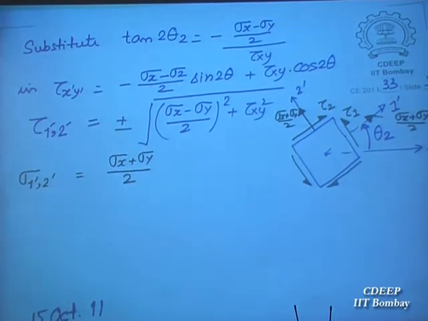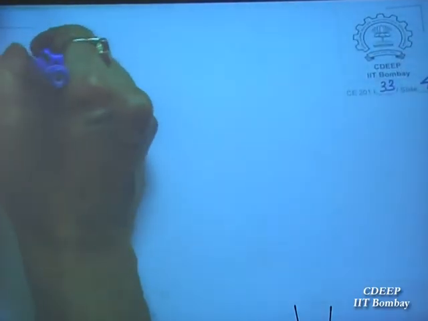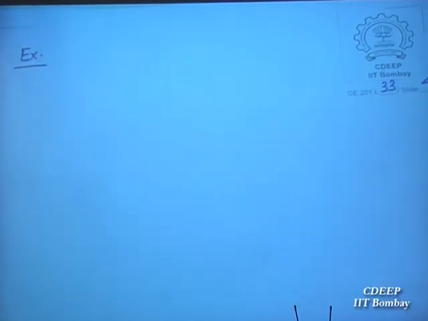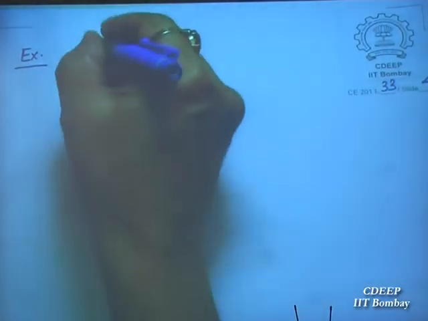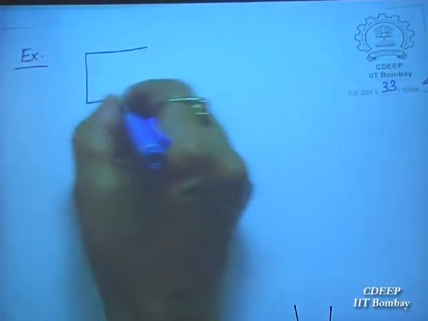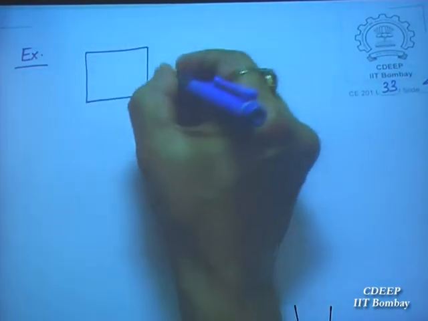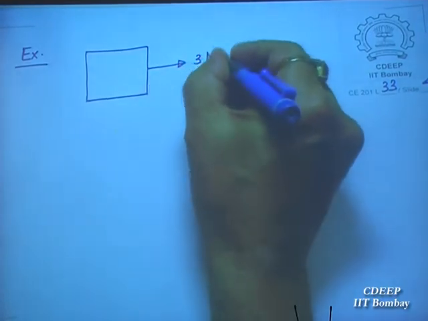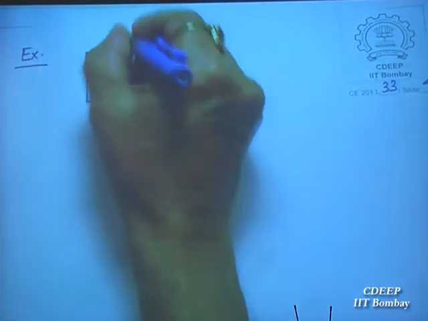just take an example now. There is an example. This problem is from Popov's book: 3 MPa normal stress, 1 MPa normal stress.